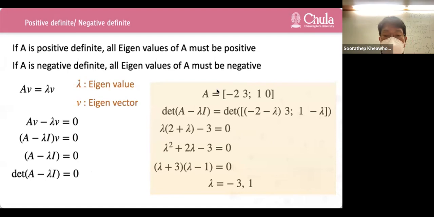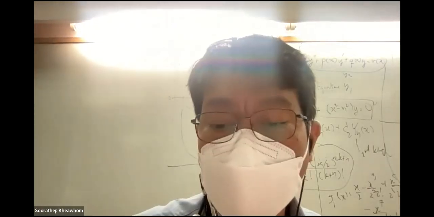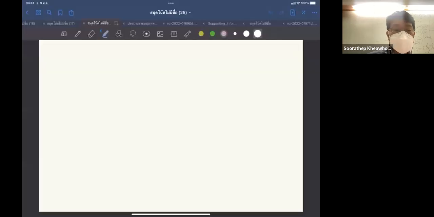So for example, we have A as minus 2, 3, 1, 0. Maybe it's difficult for you to see my slide because it's not written in the normal matrix form.